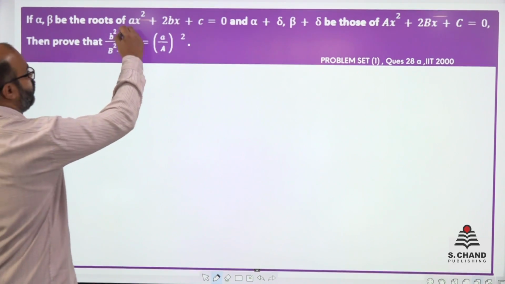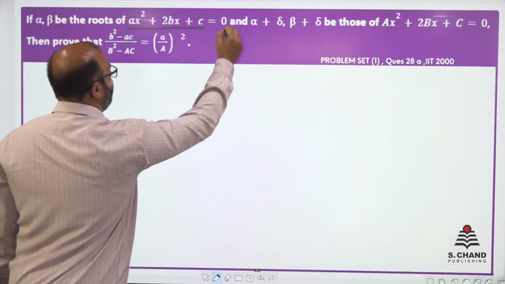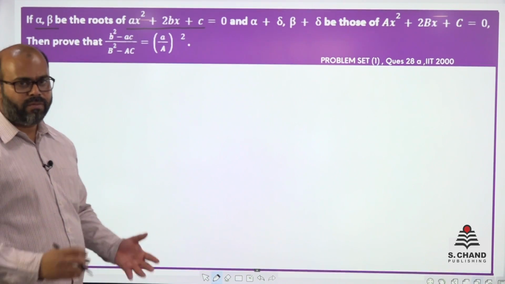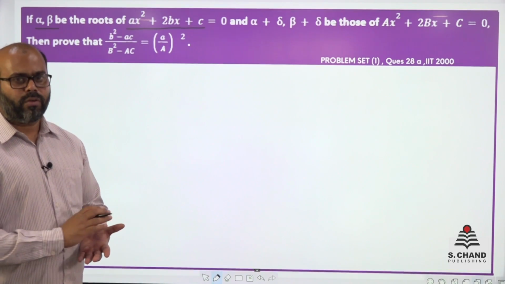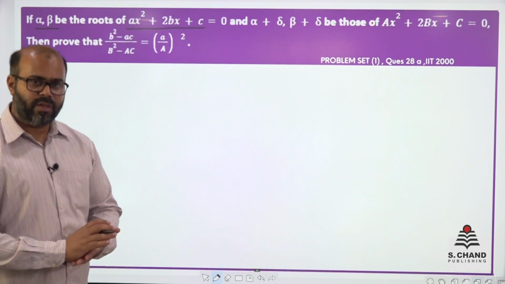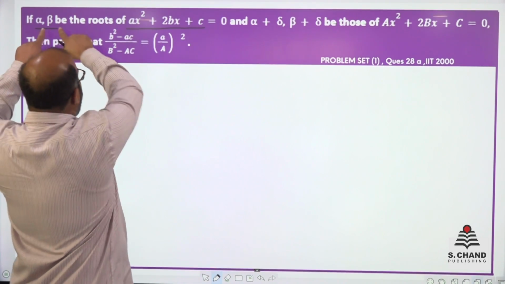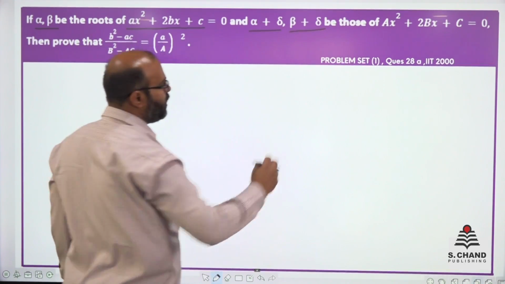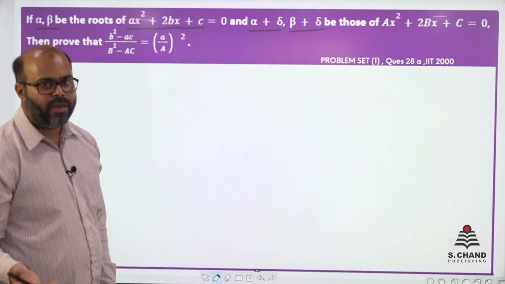So if you talk about this question, here the roots are alpha and beta. So here what we have to apply: sum of the roots, no, it will not work. Product of the roots will also not work. Difference of the roots will work, because difference of alpha, beta is alpha minus beta, and difference of alpha plus delta and beta plus delta is also alpha minus beta. Delta, delta will cancel.